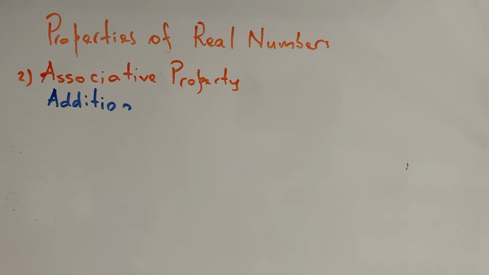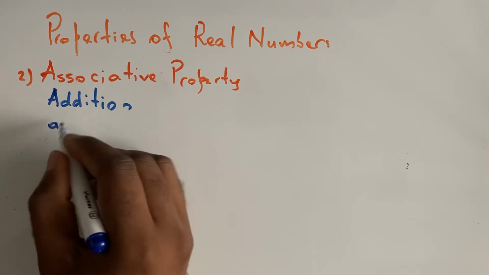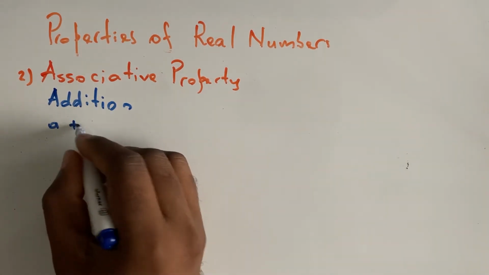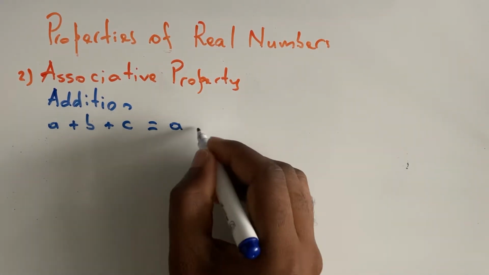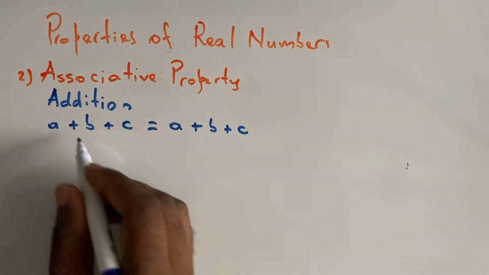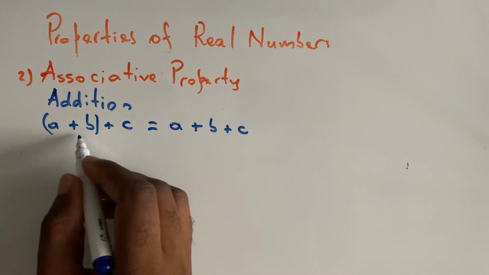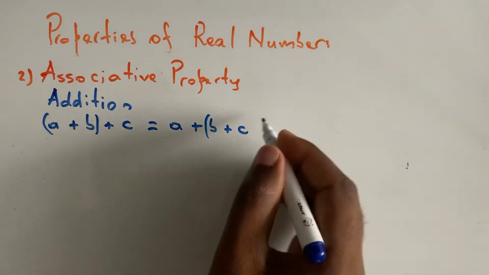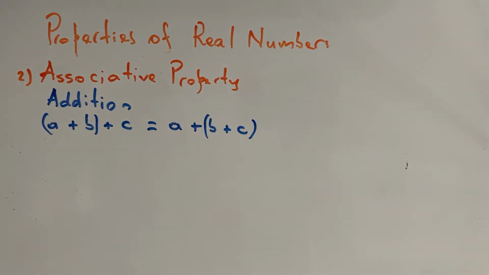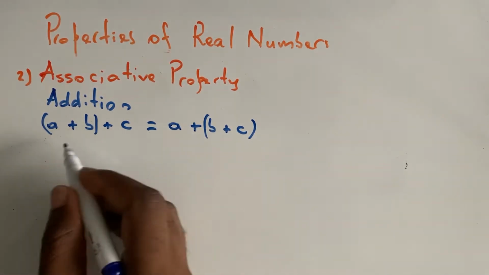What we mean by the associative property is that if you have three numbers, a plus b plus c, and we're doing addition, we can choose to associate the first two values, a and b, and this should give us the same result as when we associate the last two values. So a plus b, plus c, and a, plus b plus c, should be the same thing.